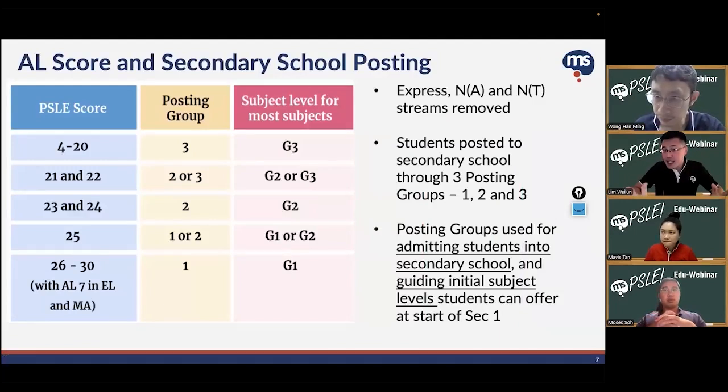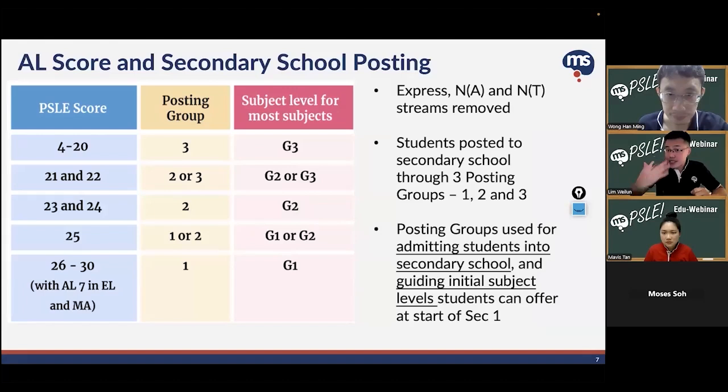But let's say you demonstrated a good ability in certain subjects, for example English, and you get AL5 or above. There's actually the possibility that you can take English at the G3 level. So what it could look like is Maths, Science, Chinese at G2, English at G3, right?